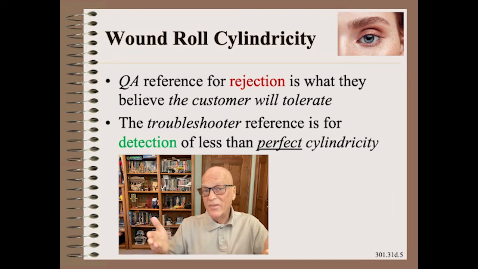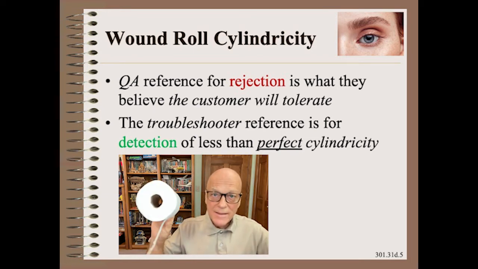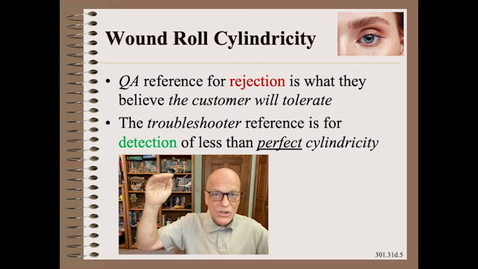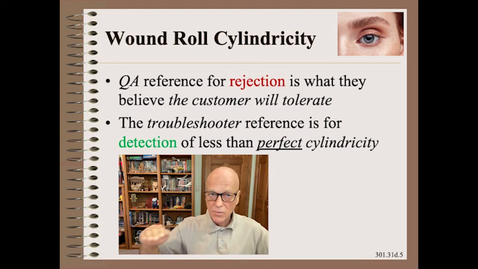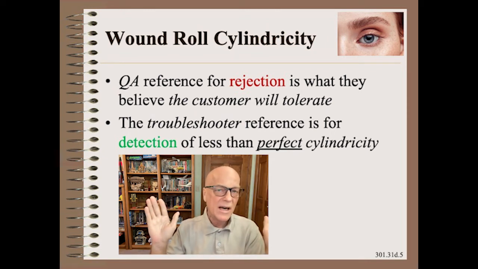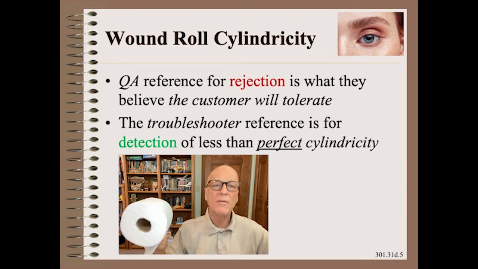Now that you've seen how to see wrinkles, you are well prepared to see wound roll defects. Again, we have two measures of severity: the QA level for rejection and the troubleshooter level of detection used for diagnostics. We will let QA speak for themselves. However, the troubleshooter's reference is absolute perfect cylindricity.